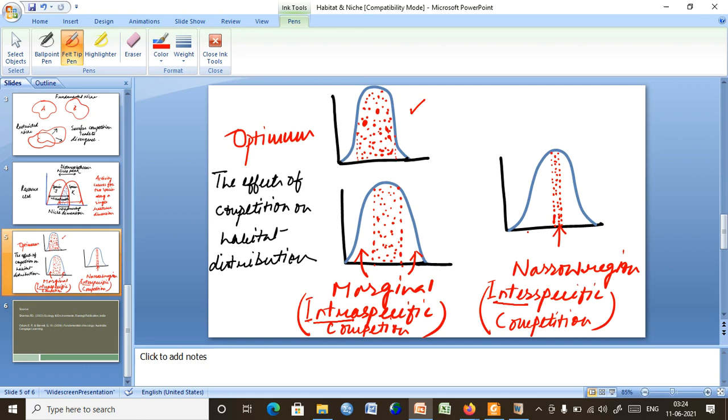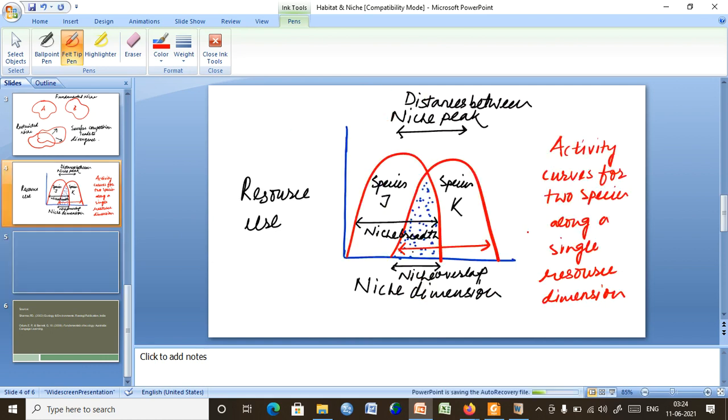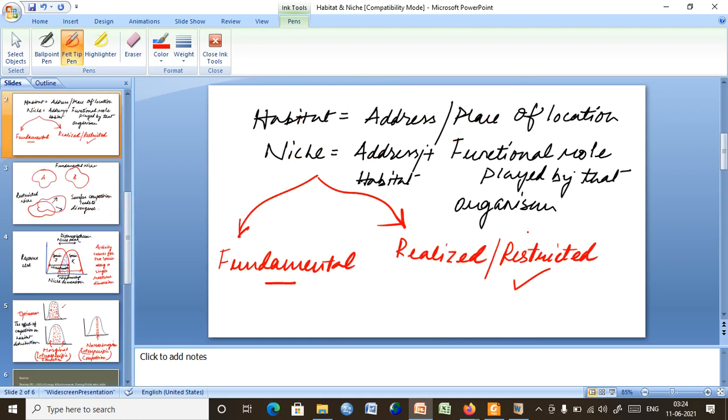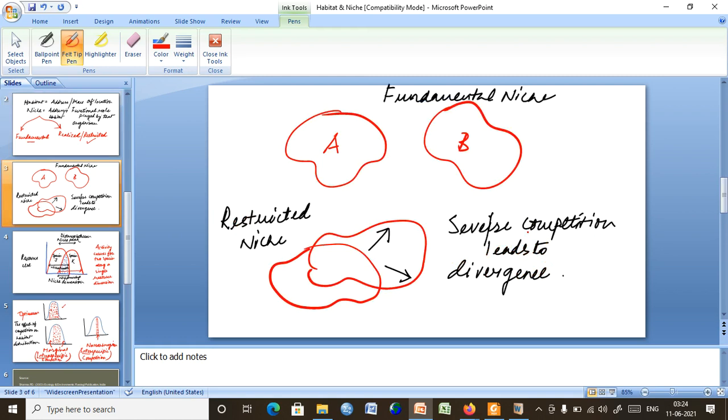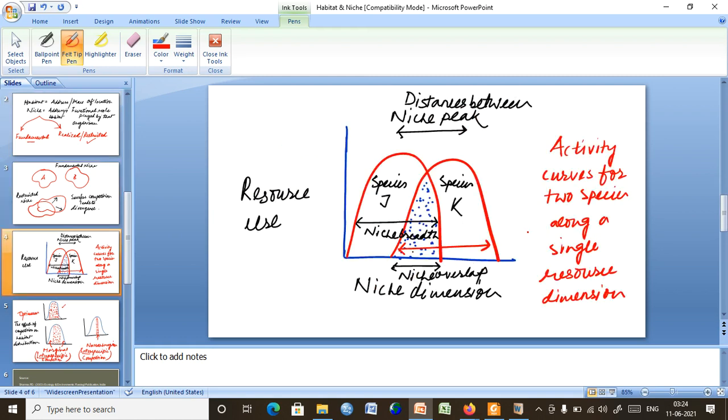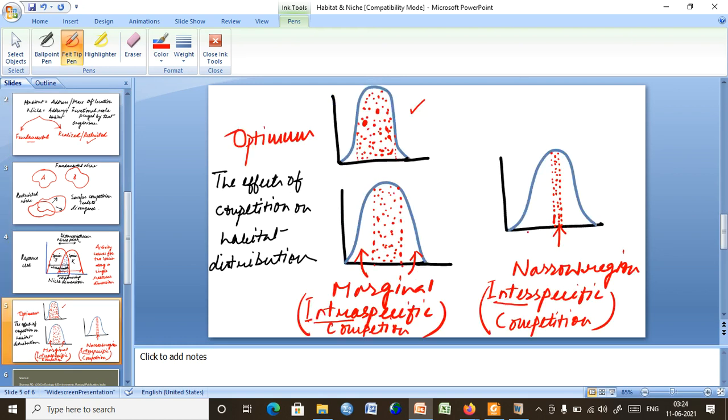In this presentation, initially we learned what a habitat indicates and what the difference is between habitat and niche. Then the types of niche, that is the fundamental or basic, and the realized or restricted, how they interact, and the activity curves, and finally the effects of competition on habitat distribution.